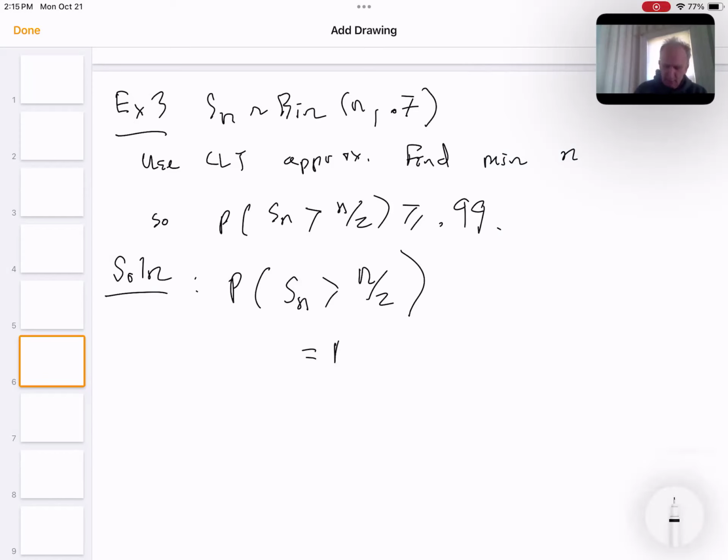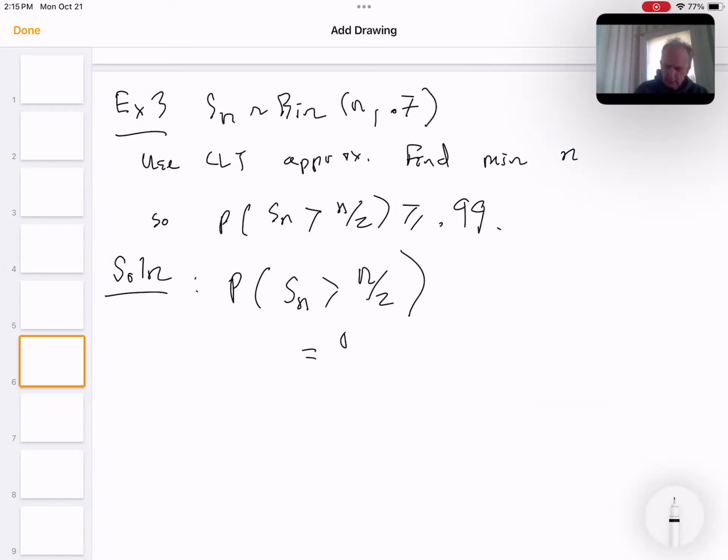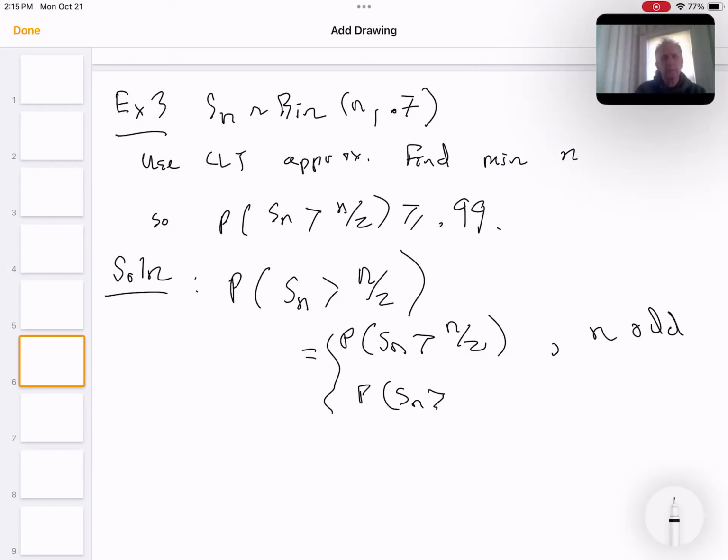So this is the probability Sn greater than n over 2. I could just leave it like this if n is odd. But I should probably do something else if n is even, right? So it's the probability Sn is greater than, so if it's even, it will bring me right back to that point. And since I want to be strictly greater, I should add a half. So greater than n over 2 plus a half. I don't want to be right on the line. Technically, that would be wrong. And statistically, not as good practice. So n even.